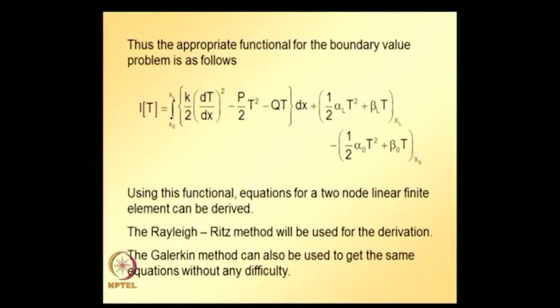And here the rest of the derivation will be using Rayleigh-Ridge method. Galerkin method can also be used to get the same equations. Similar equations can also be obtained using Galerkin method.